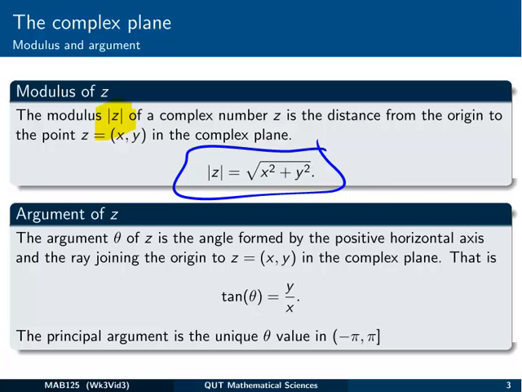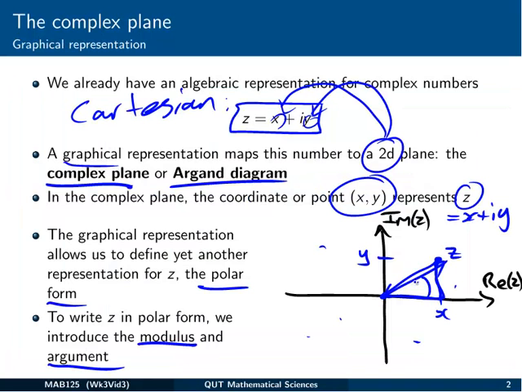The argument, on the other hand, is theta sometimes, or sometimes you see it written as arg of z. That's the angle formed by the positive horizontal axis and the ray that joins z to the origin in the complex plane. So here, it's this little angle in here. If z was down here, I'd be talking about this angle.